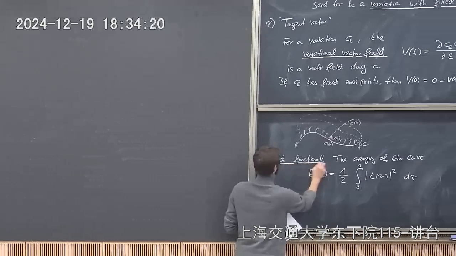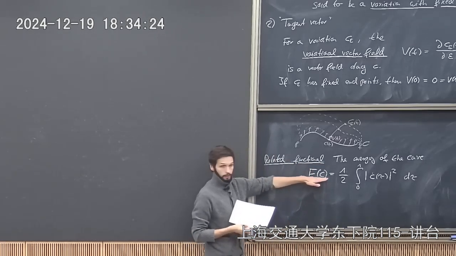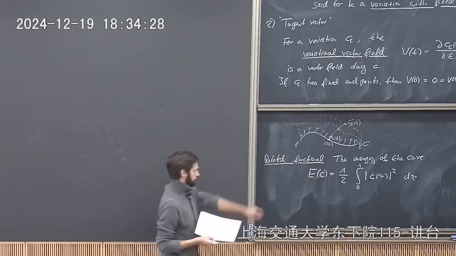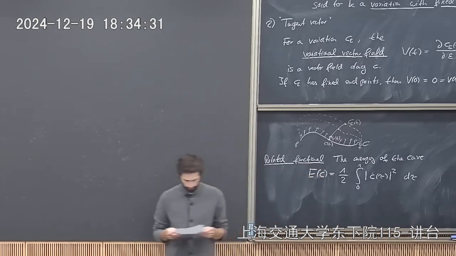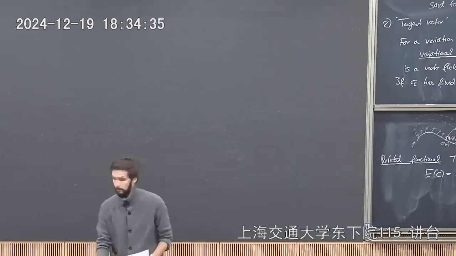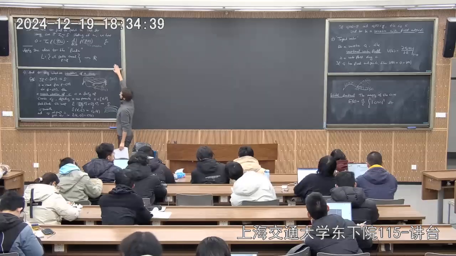And as we will see, in some ways, it's usually better to actually look at E of C instead of at the length, because the energy has slightly better properties. So now we come back to this blackboard over here.